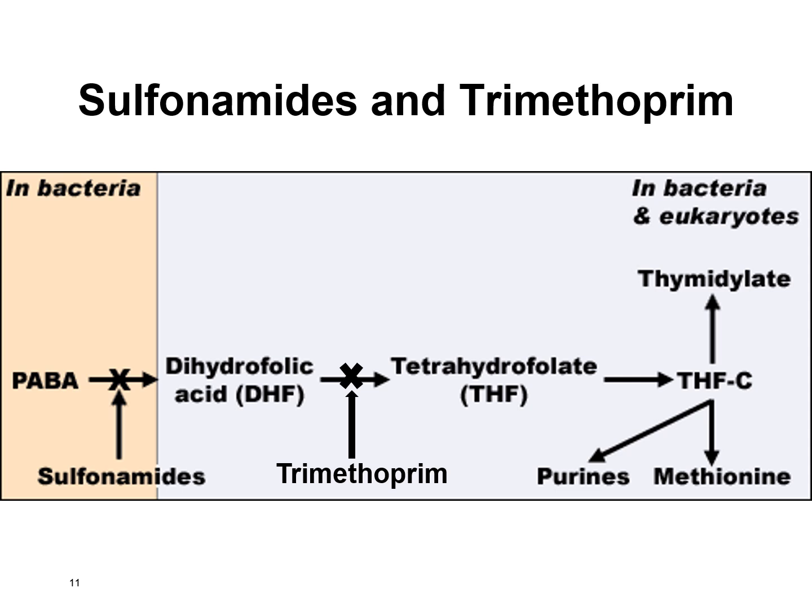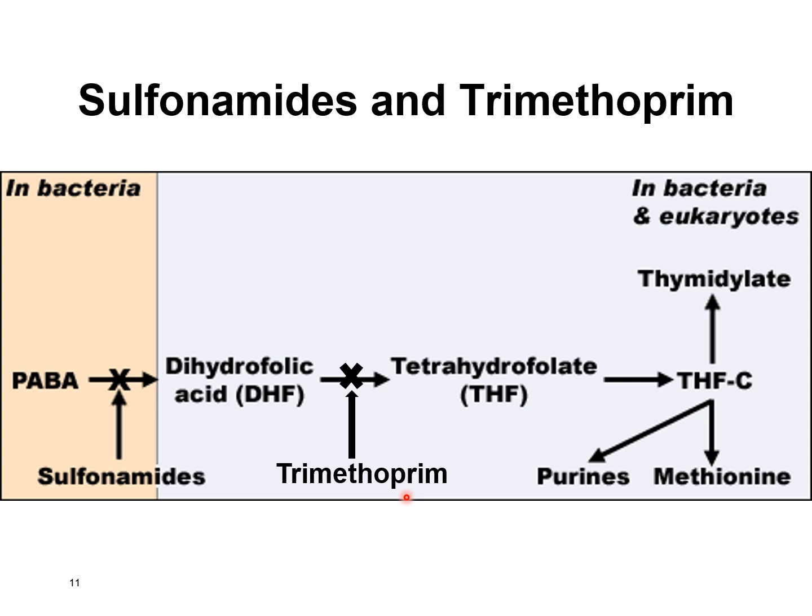Okay, and this just shows the metabolic pathway for taking the PABA substrate that we start with. Here are the sulfonamides blocking this first enzyme in the pathway. And here's trimethoprim, and it's going to block the second enzyme in the pathway.